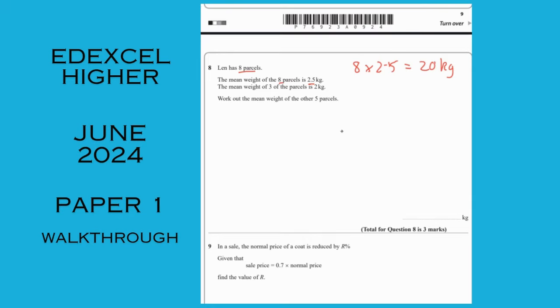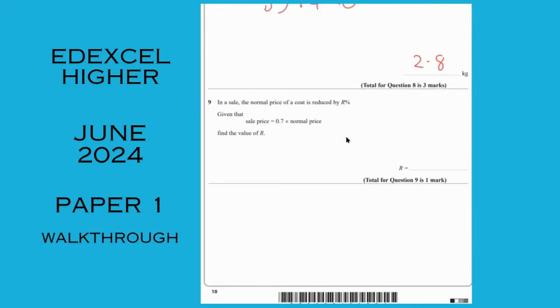The mean weight of 3 of them is 2, so they'll have a total of 6. So the other 5 parcels go into 14 kilograms. How many times? 5's into 40 goes 8 times. We have 2.8 kilograms.